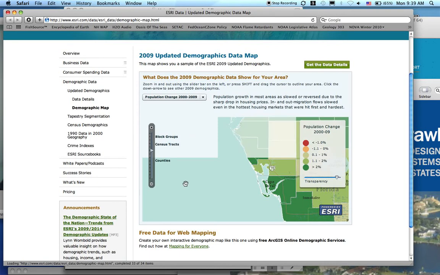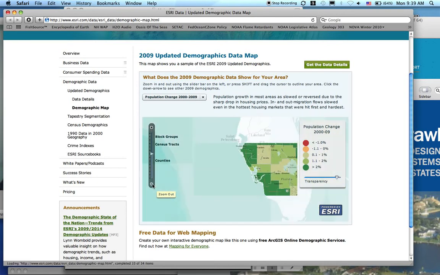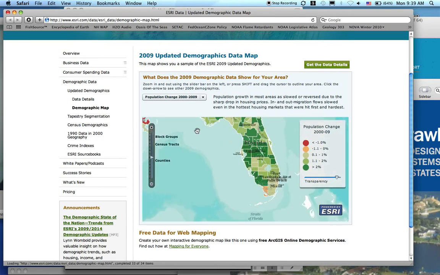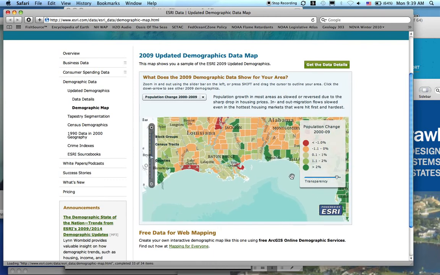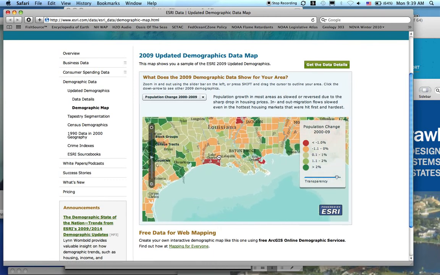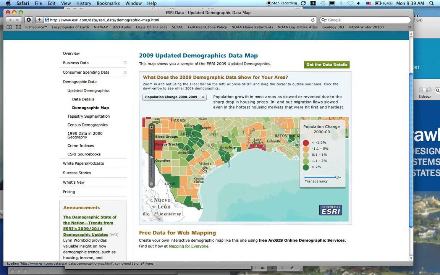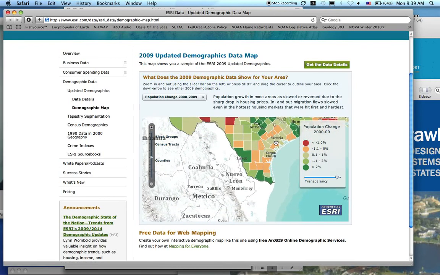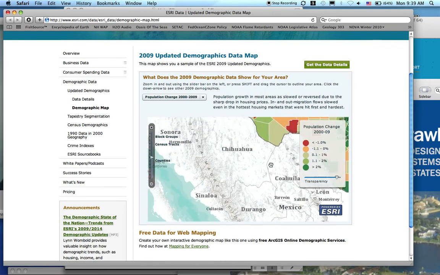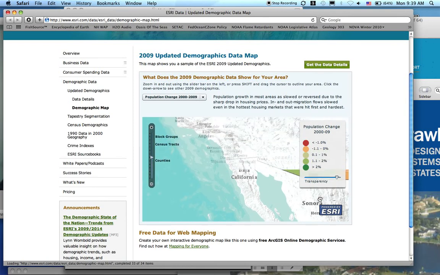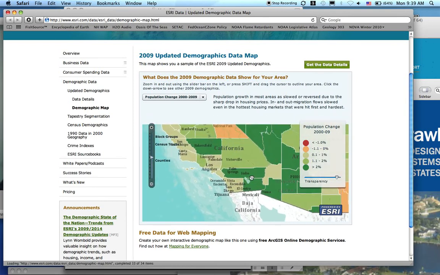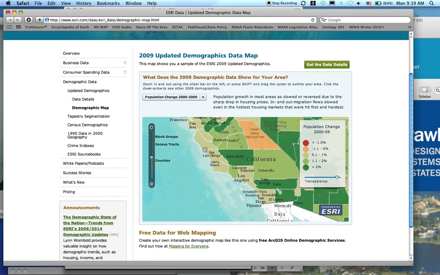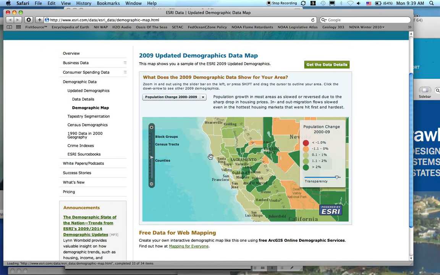Now, if we zoom back out and take this all the way around, Louisiana, Texas, you see that dark green is where they've experienced the largest growth. Go across Mexico and move right onto the Pacific coast there. California, moving on up.